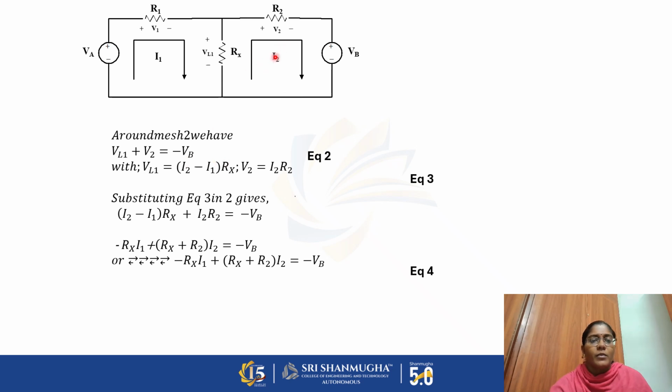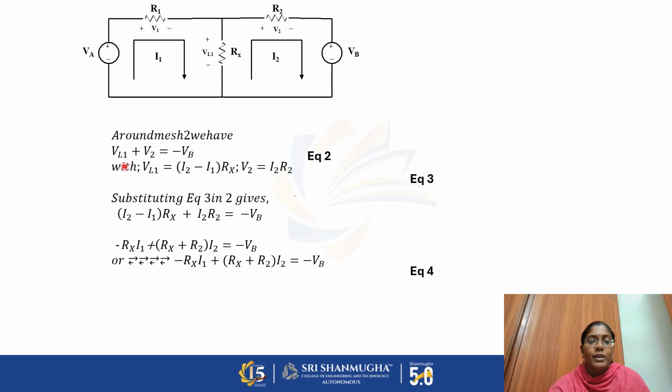The potential rise, which is the voltage across the voltage source, is written on one side of the equation, that is minus VB, and the potential drops across the resistors are written on the other side, VL1 plus V2.